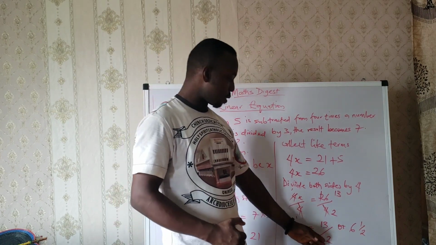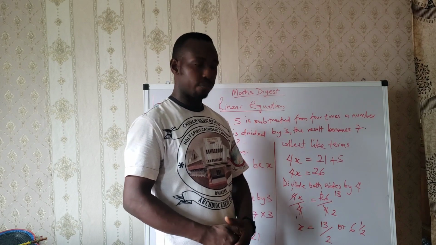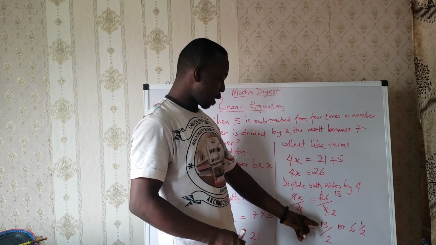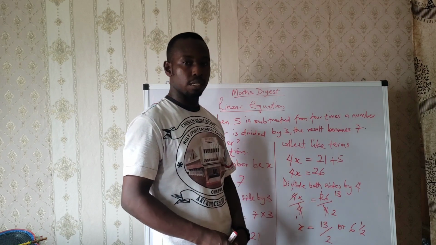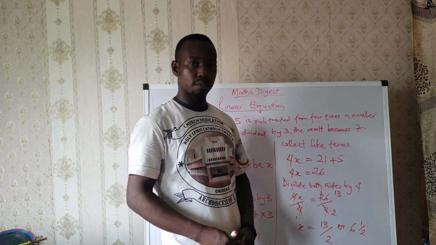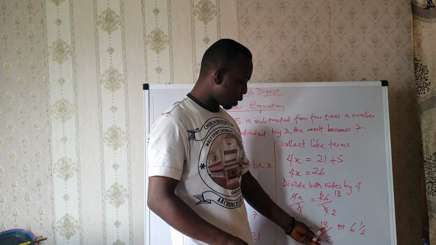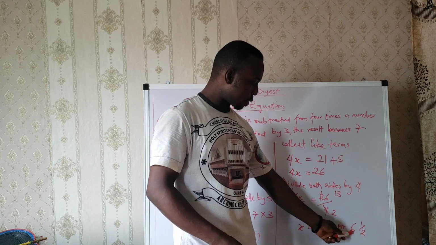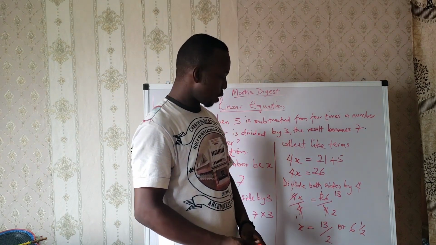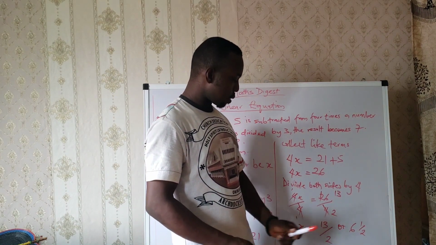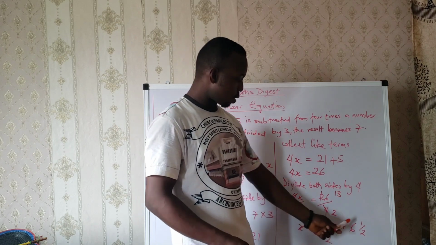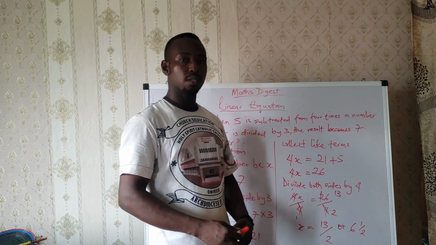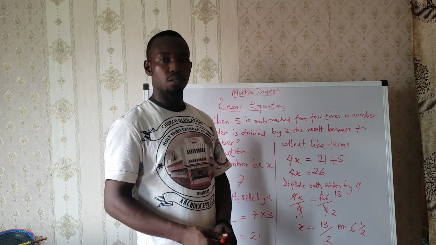When I divide 13 by 2, I have 6, which means 6 times 2 is 12. Subtracting 12 from 13, you have 1. So that 6 I was able to get from the division, I have it as the whole number, while the 1 that is left still remains on top of the 2. We have 6 whole number 1 over 2.